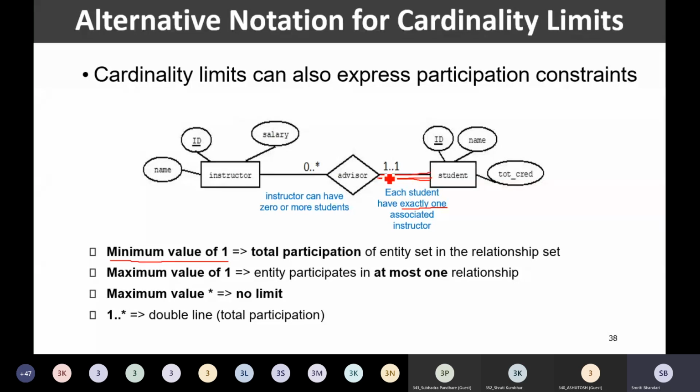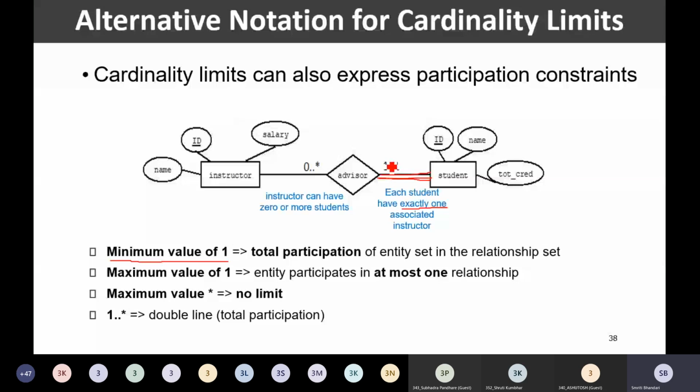So if the minimum cardinality is 1, this indicates that it is total participation of the entity set in the respective relationship set. Here, as every student has exactly 1 associated instructor, every student must participate in this relationship set advisor, right? So if this minimum value is 1, that indicates that this is a total participation.